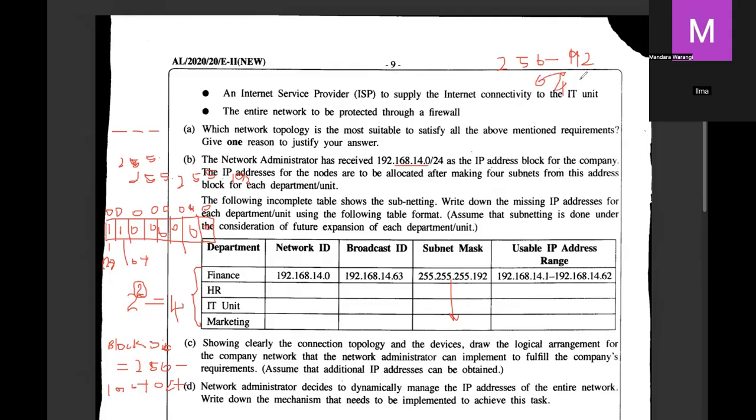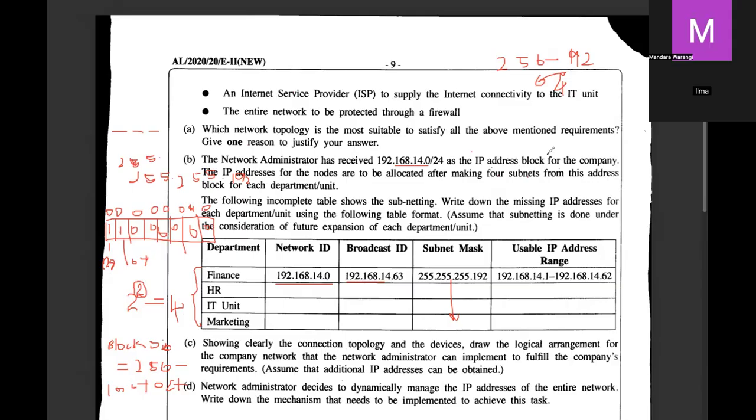Okay. So how can we get the ranges? The first range is from 0 to 63. This is the network address and this is the broadcast address. You know the difference between them, right? The network address is the address we use to identify the network.